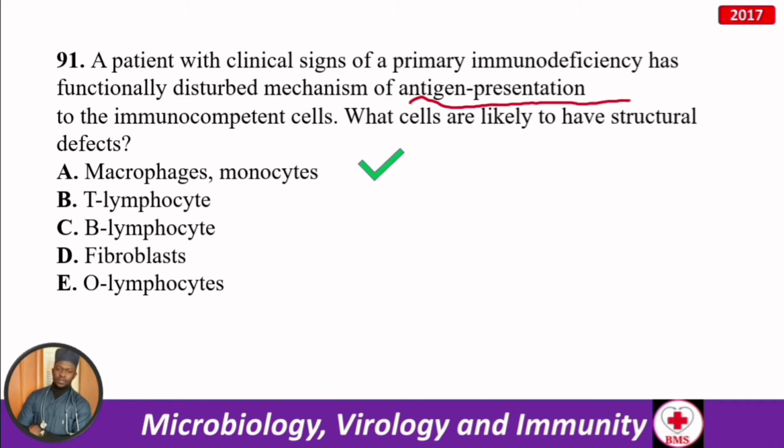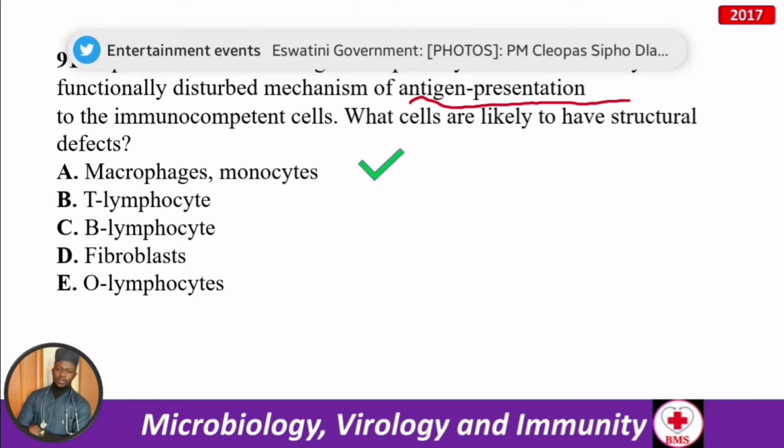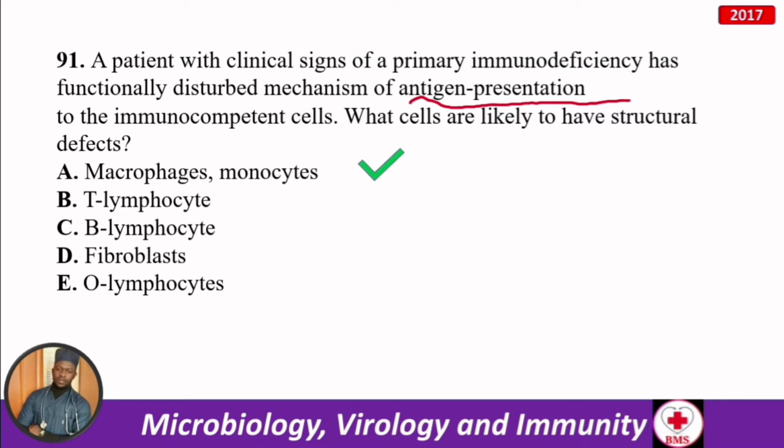They present the antigen on their MHC2 molecules to the T cells, and then the T cells will stimulate the B cells to transform into plasma cells, and then plasma cells will produce antibodies. You know the drill, right? And just to remind you, macrophages and monocytes produce endogenous pyrogens like interleukin-1, right, causing fever.